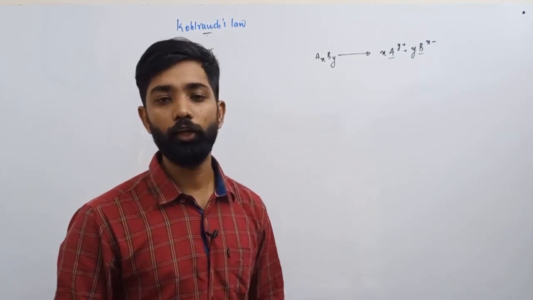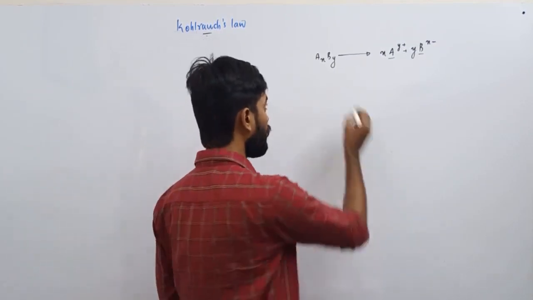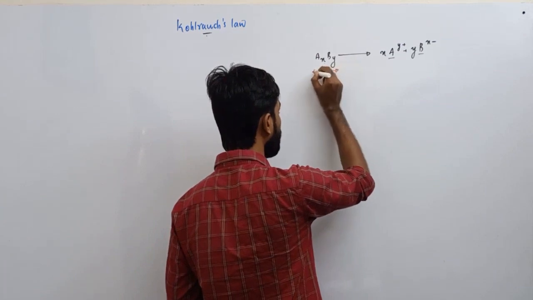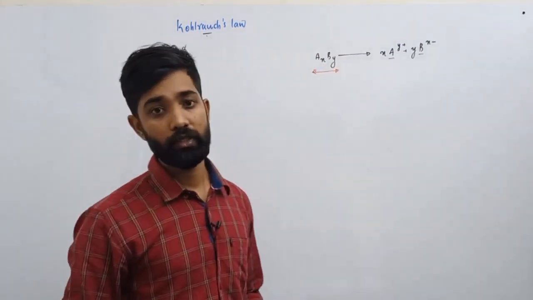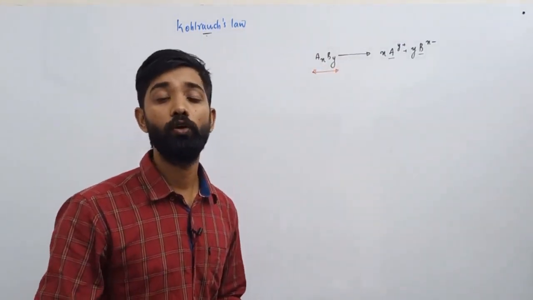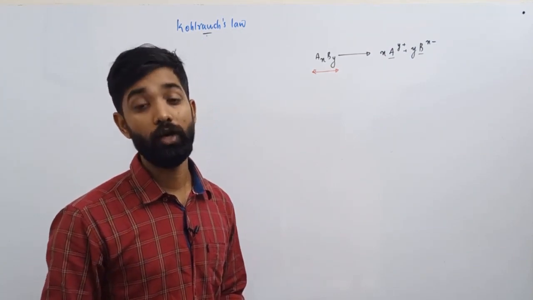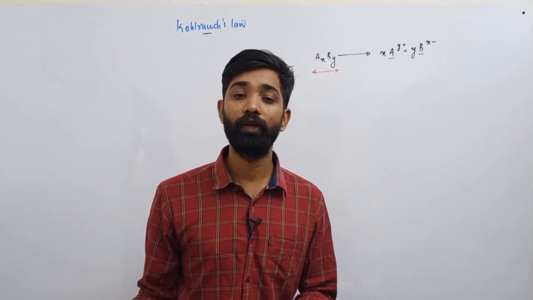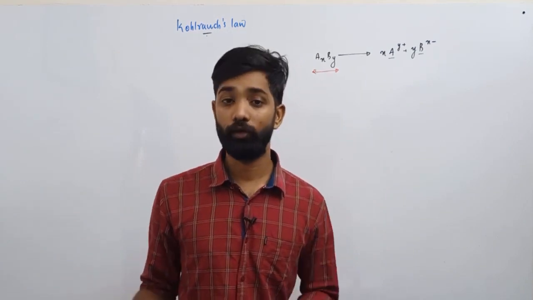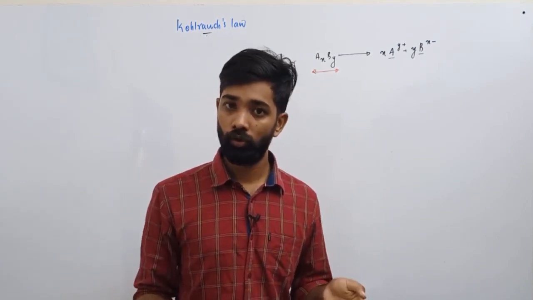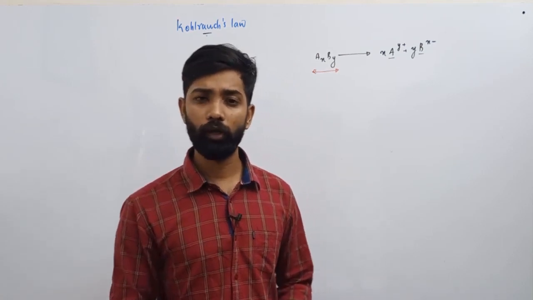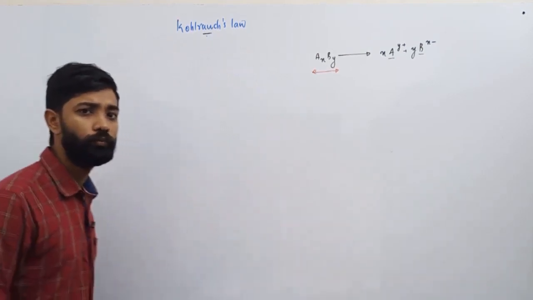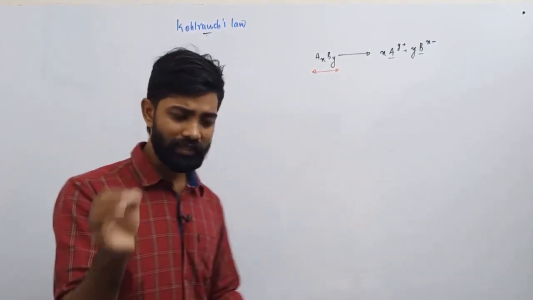So if you want to find the limiting molar conductivity of an electrolyte, it will be the sum of limiting molar conductivities of its constituents. What are the constituents of an electrolyte? Cations and anions. So it is the sum of limiting molar conductivities of cations and anions. Ready? So it is a very easy concept.